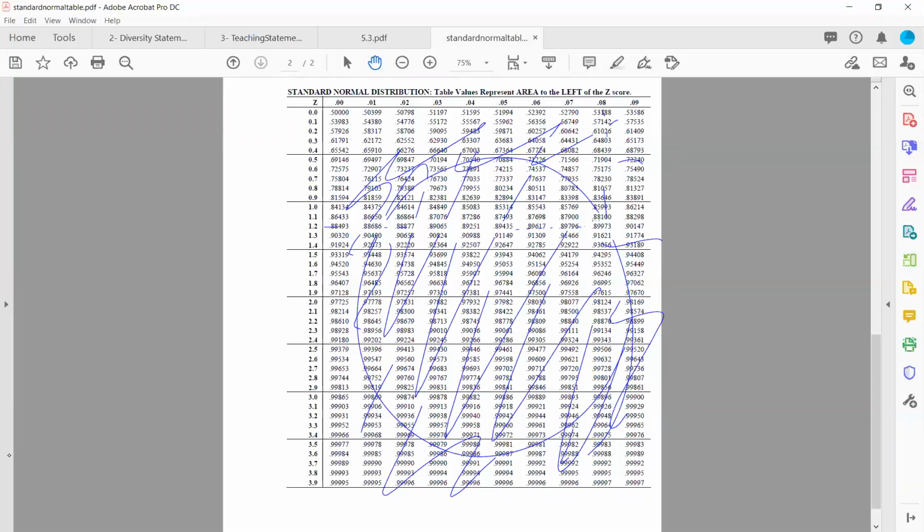I don't have the exact value for 90%, but the closest number is 0.89973. The z-score that corresponds to 90% is closer to 1.28. You can take the average of 1.28 and 1.29 and get the exact value.